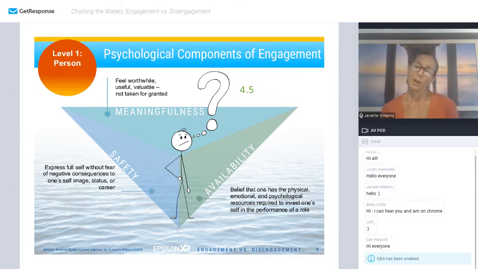How valued do you feel at work? That's the meaningfulness. Availability, when it comes to being able to give your whole physical, emotional, and psychological self to your job, where would you rate yourself? And when it comes to safety, how safe do you feel expressing your full self without any fear of negative consequences?